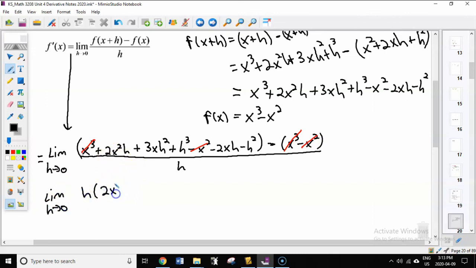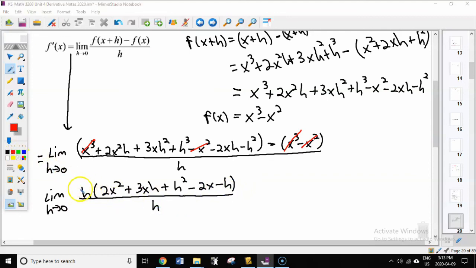We got 2x squared plus 3xh plus h squared minus 2x minus h all over h. So our h's cancel. Put in our zeros, and we get 2x squared, 3xh becomes 0, h squared becomes 0, minus 2x, and negative h becomes 0. And that's our answer.